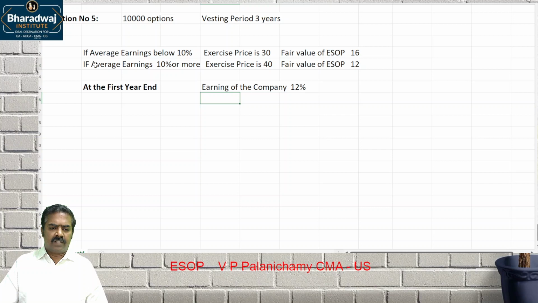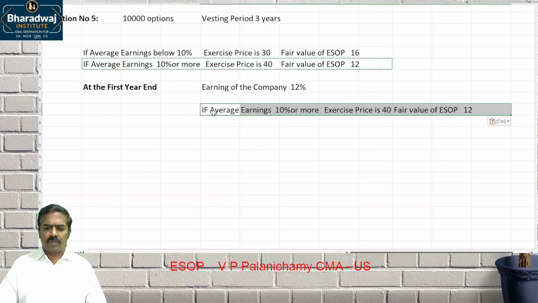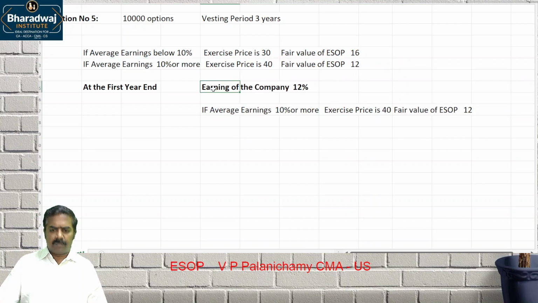So, if the earnings is above 10%, this will be the provision. This is how you have to create the provision. If average earnings increase 10% or more, the exercise price will be 40. Fair value of the option is 12.